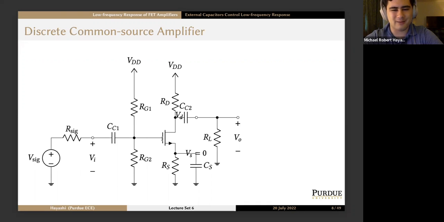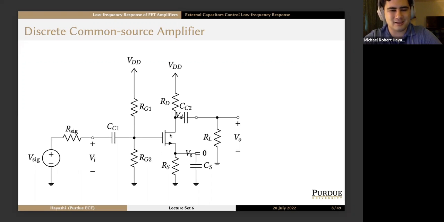So we can get GM for our small signal models. If this has a non-zero lambda, our channel length modulation parameter, then we can also find the output resistance using I sub D, the drain current.